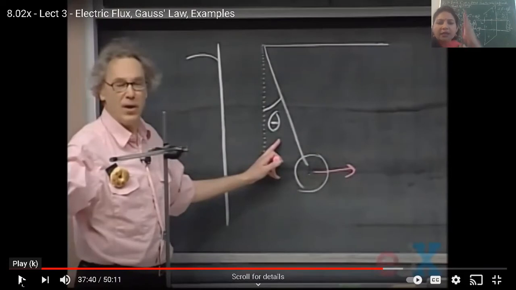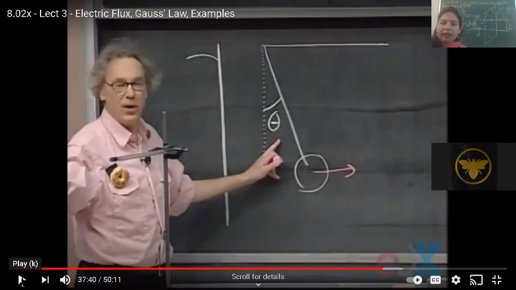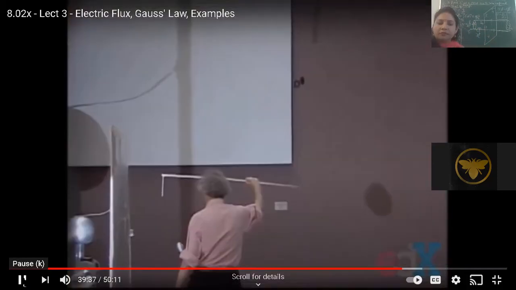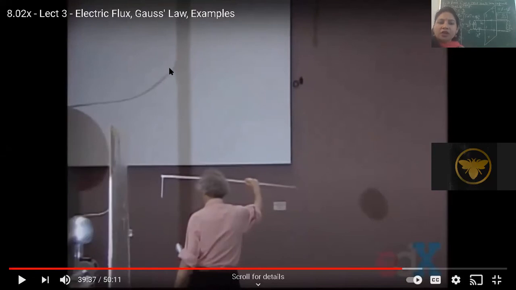Right now he is saying he has drawn a straight line for that infinite plane sheet of charge, and he is taking a balloon. Okay, the angle through which that balloon gets repelled will almost remain constant because that sheet is infinite, considered to be infinite plane sheet of charge. So this angle is not changing very much.